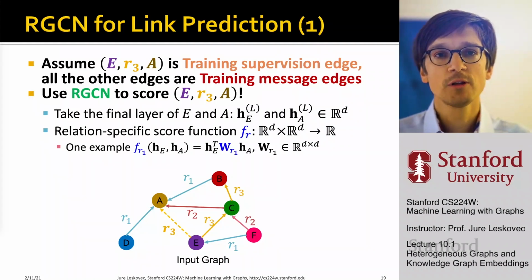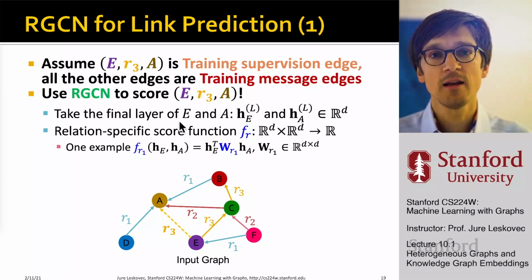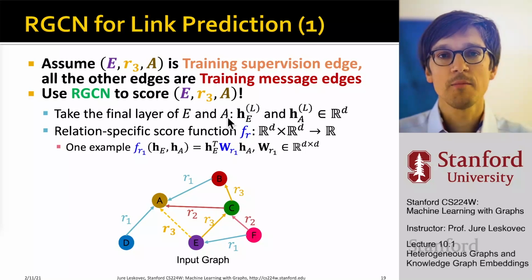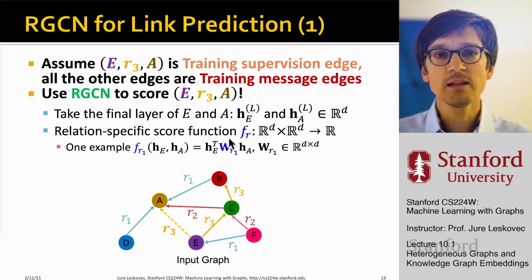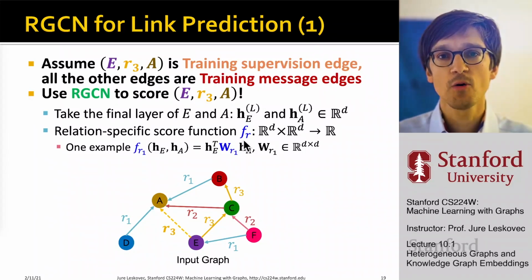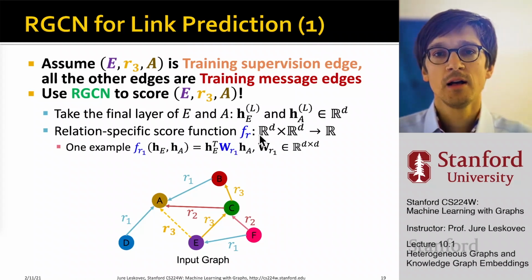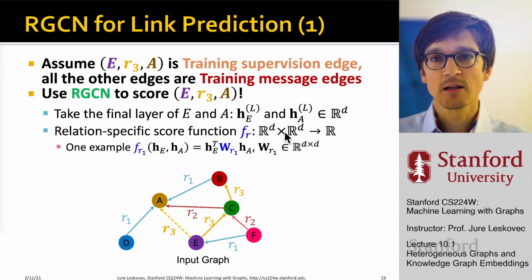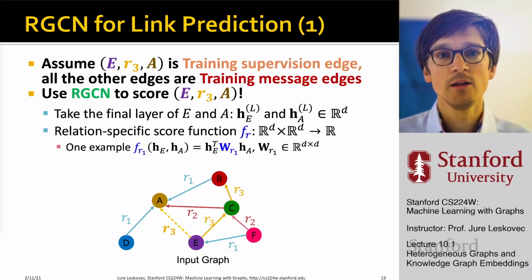To score this edge with the RGCN, I would take the final layer embedding of node E, the final layer embedding of node A, and then a relation-specific scoring function f that takes these 2 embeddings and transforms them into a real value.